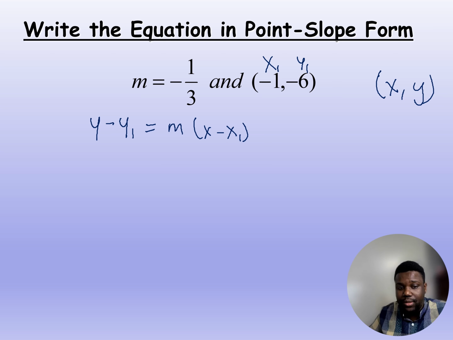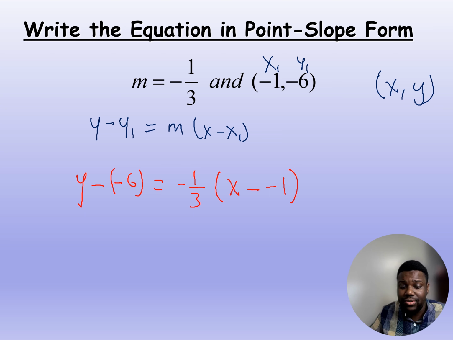And that will get it into the point slope form. So our answer would be, y minus -6, which is our y, is equal to -1/3 times x minus -1. And as you can see, we have two signs next to each other, so we're going to go ahead and simplify those signs.